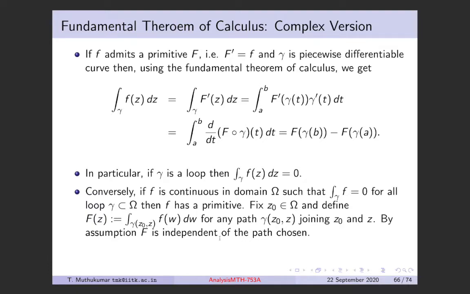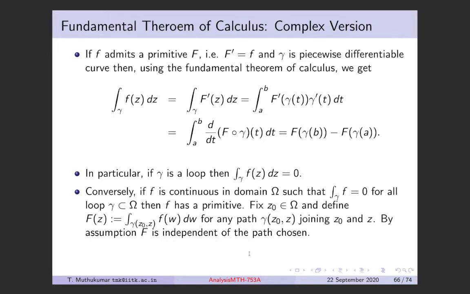Since this is a curve joining z to z+h, you can always choose any curve, so without loss of generality you just choose the straight line from z to z+h. You start with that straight line, and in front of f(z) you multiply and divide by h, and that h you write as the integral of the constant function from z to z+h.